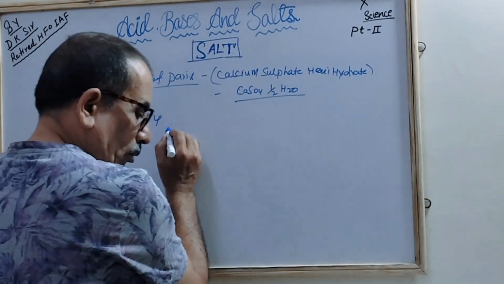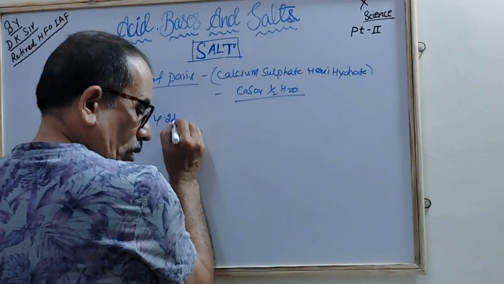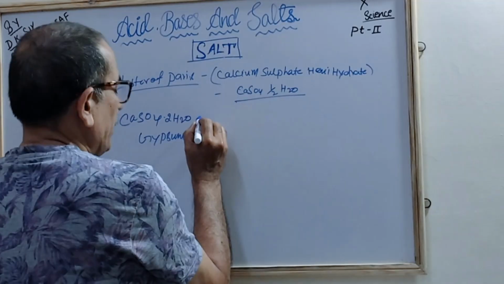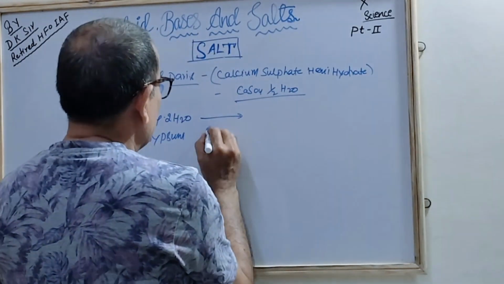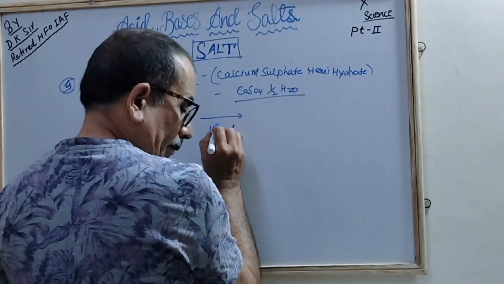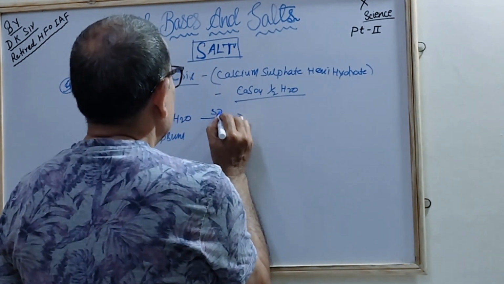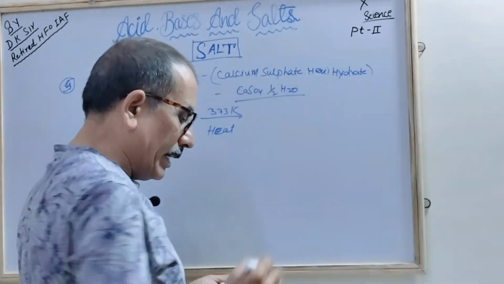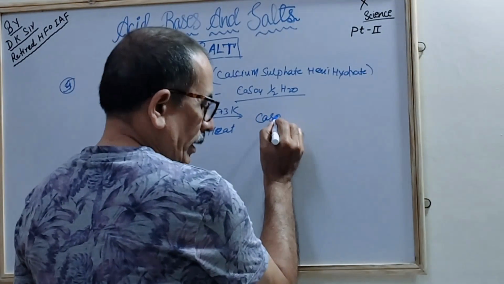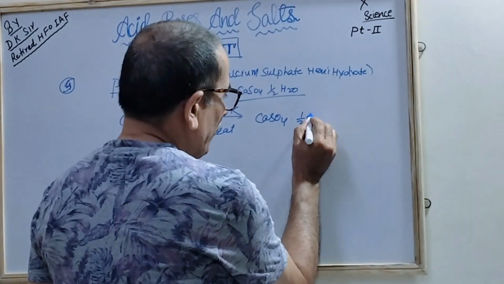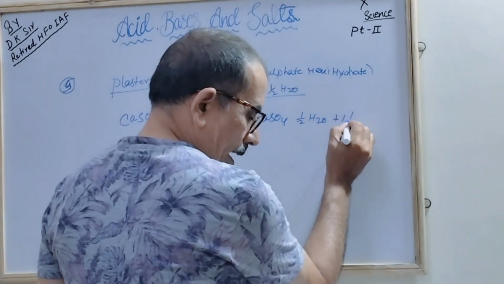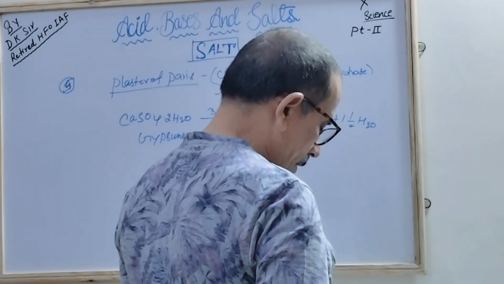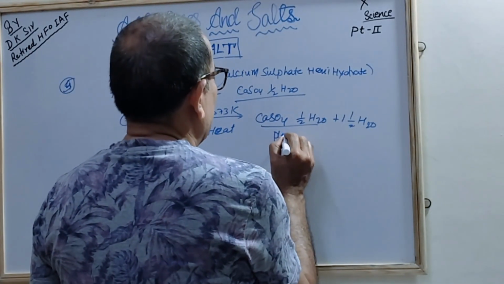So we have the CaSO4·2H2O of the gypsum available, and when we heat it up to a temperature of 373 Kelvin, Kelvin being a unit of temperature, you must be aware of that, it is going to make CaSO4·1/2 H2O plus the water. Correct? The half H2O will be there. So this becomes the plaster of Paris.